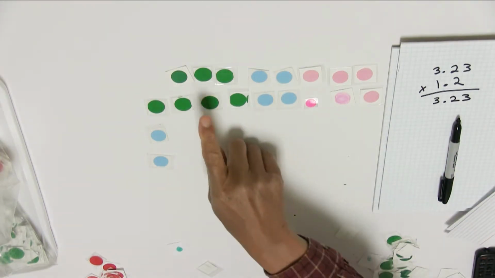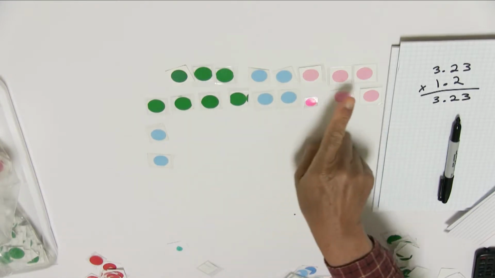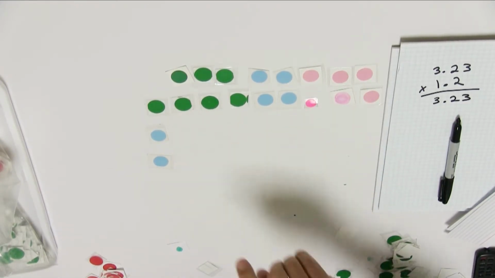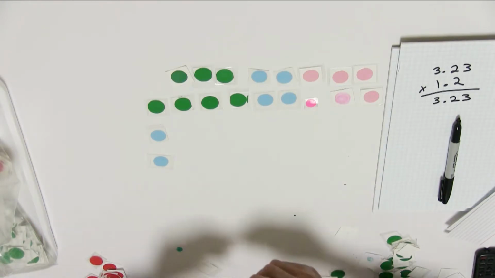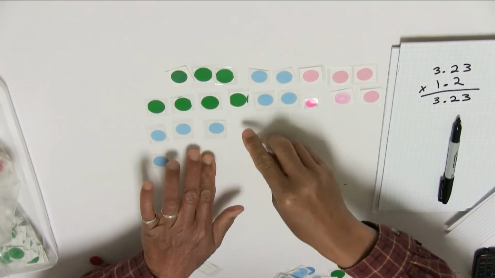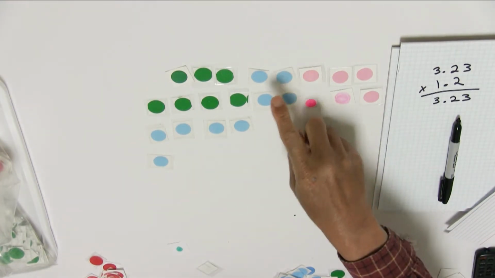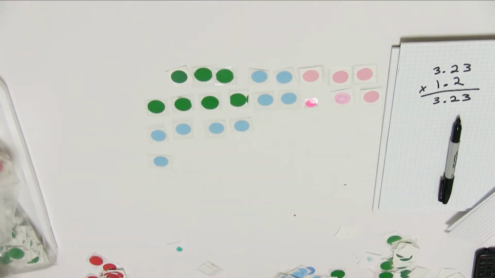Now they're going to do the multiplication of 3 and 23 hundredths times 2/10. So 1 times tenths gives you tenths. So this has to be 3/10. They know that tenths times tenths gives you hundredths. So they know automatically that's going to be 200ths there.